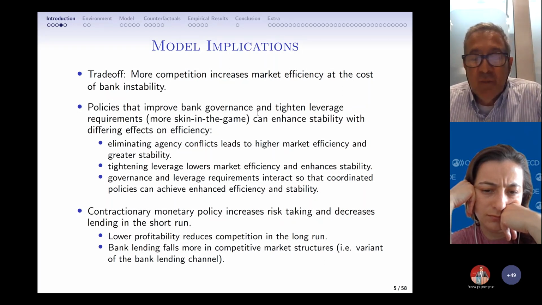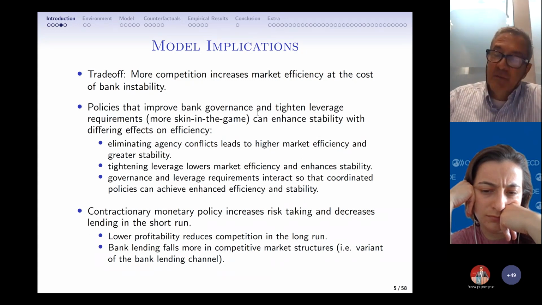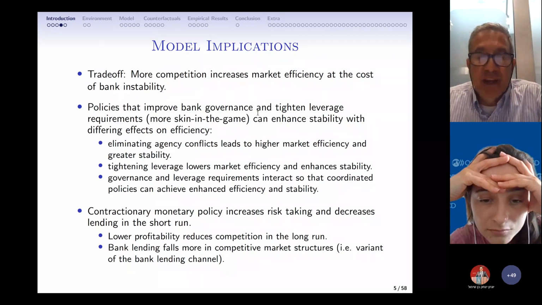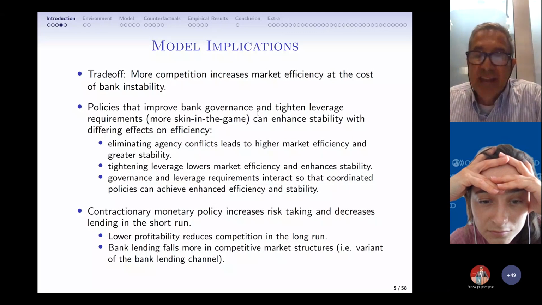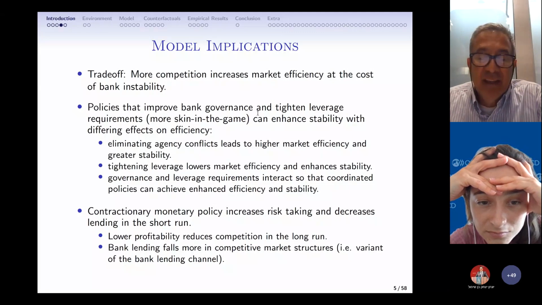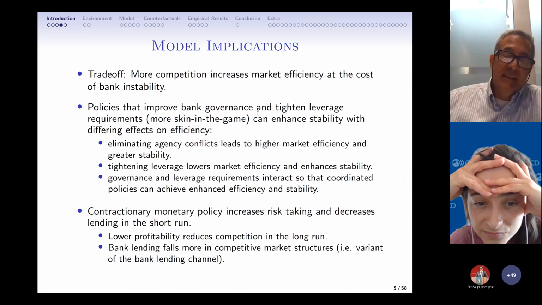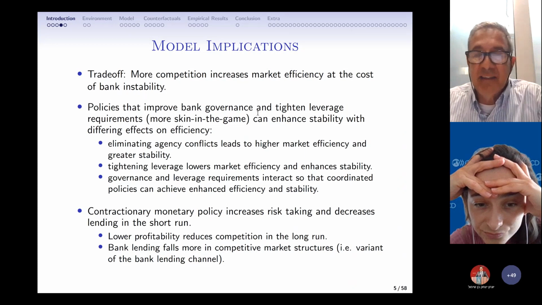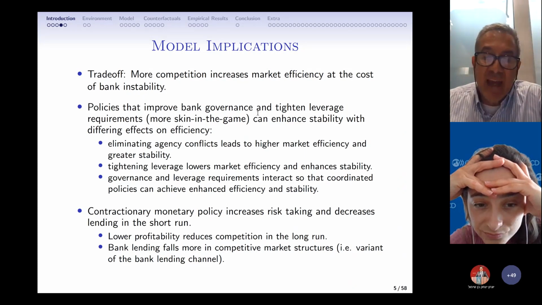What also motivates us is a really interesting paper by Kashyap and Stein, which is a corporate finance approach to thinking about bank lending, the bank lending channel. They found that smaller banks are more sensitive to contractionary policy than bigger banks, and that's going to be a consequence in this model. I'll show you how that arises.